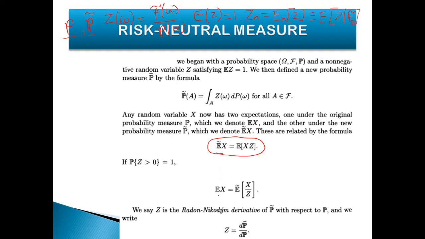You also have E of X equals E tilde of X over Z, in case the probability of Z greater than 0 is equal to 1. The probability of Z equal to 0 cannot be positive. We now say Z is the Radon-Nikodym derivative of P tilde with respect to P, and this relation is almost similar to what we had in the discrete case.